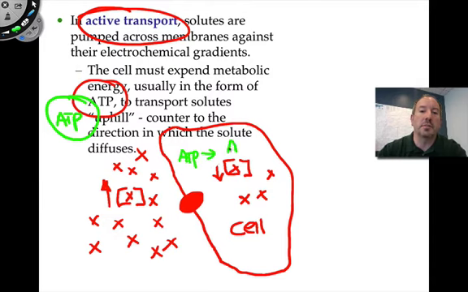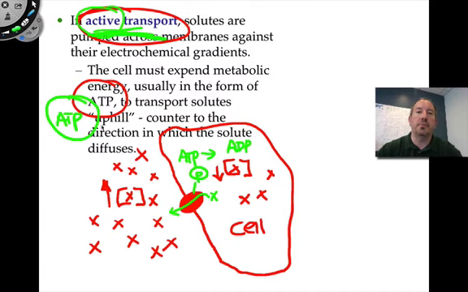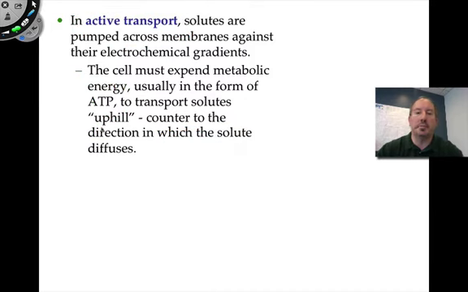And as a result, it produces adenosine diphosphate, and the third phosphate can stick onto a protein, and because it's a negatively charged functional group, it causes a protein conformational change which can scoot molecules against the concentration gradient. And so, check that out. A molecule can actually move from an area of low concentration to high with the help of ATP. Pretty neat. We call that active transport because it requires energy in the form of ATP.